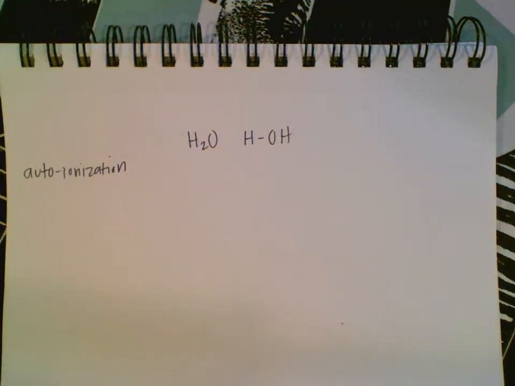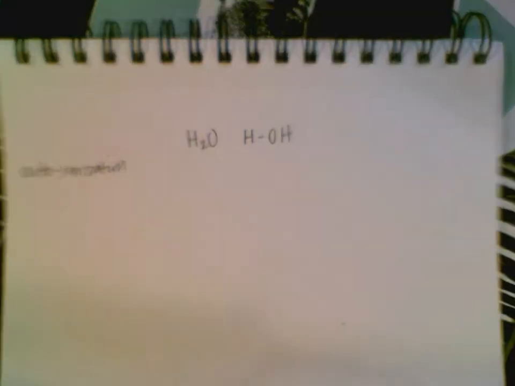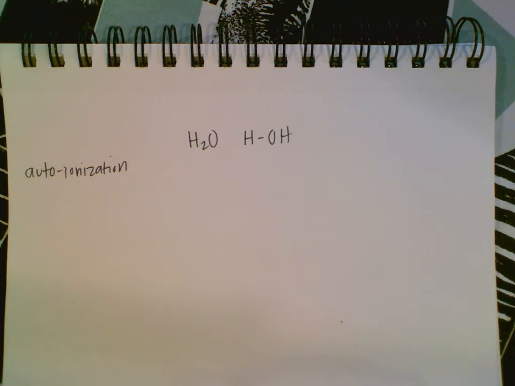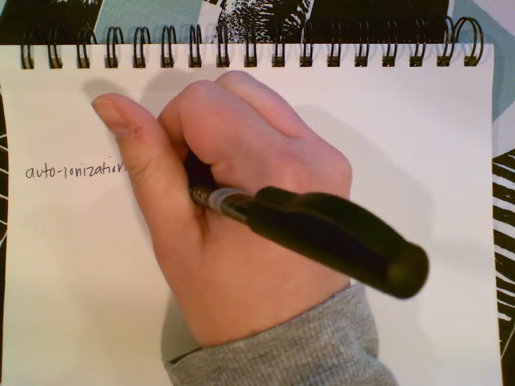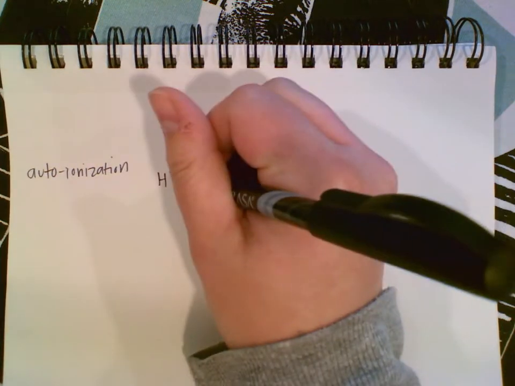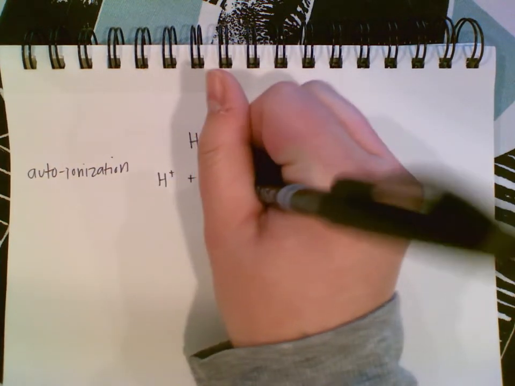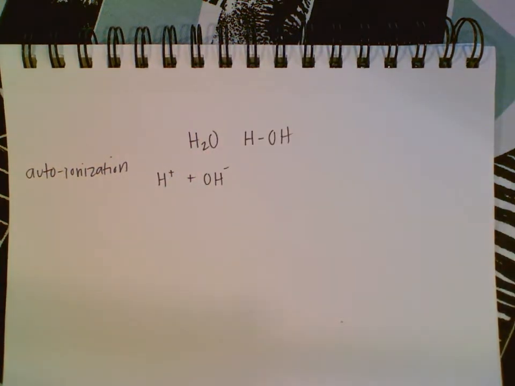Auto-ionization means that the chemical breaks apart into its ions by itself. So water, when left to its own devices, will break apart a little bit into H pluses and OH minuses. So naturally on its own, water has a little bit of H plus and a little bit of OH minus in there. And they cancel each other out and they're neutral.